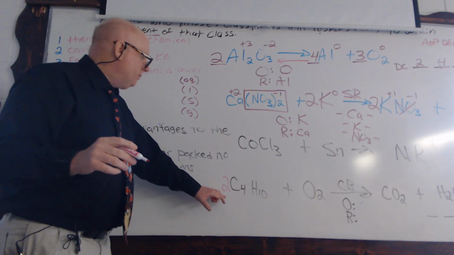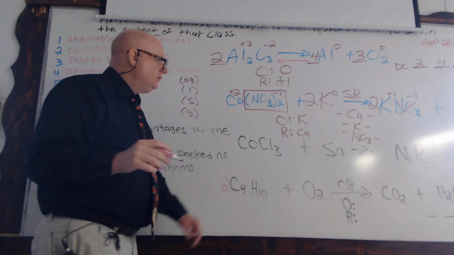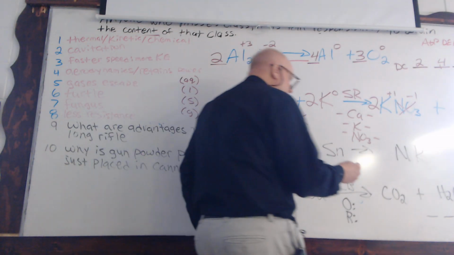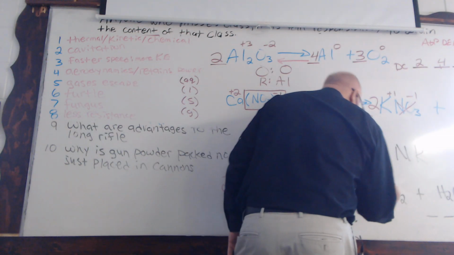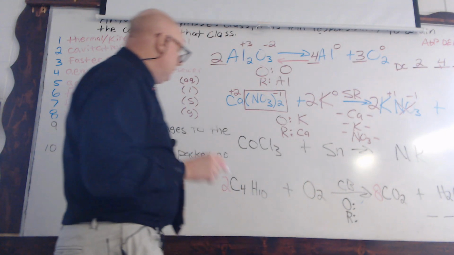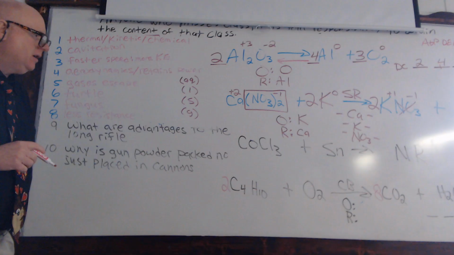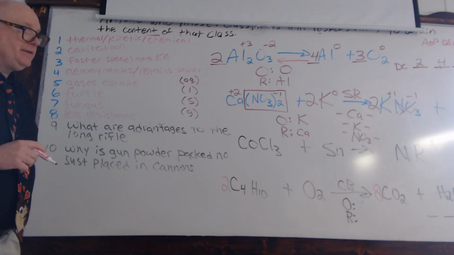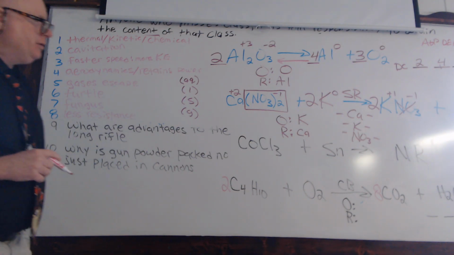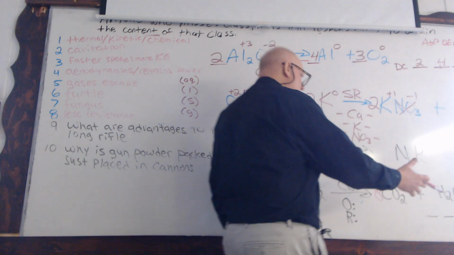So we do our carbons, 2 times 4. So that must mean we need 8 over there. Always do your oxygens last. So how many hydrogens are on the left side? And how do we get, we only have 2 over here.